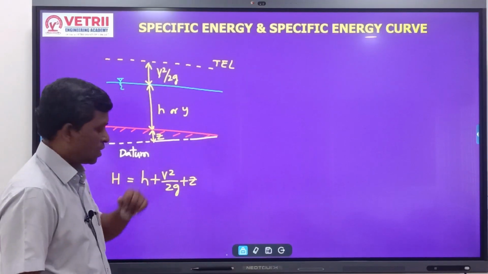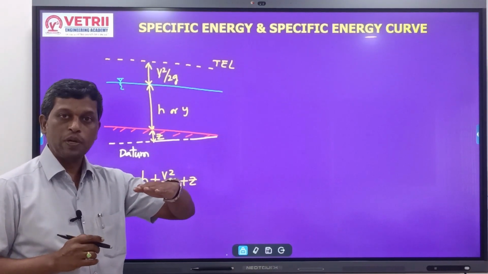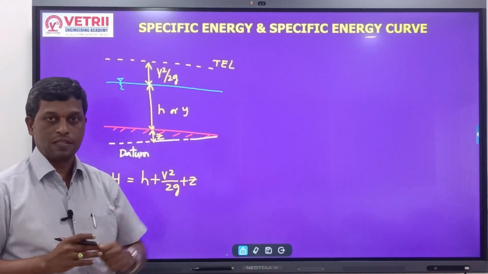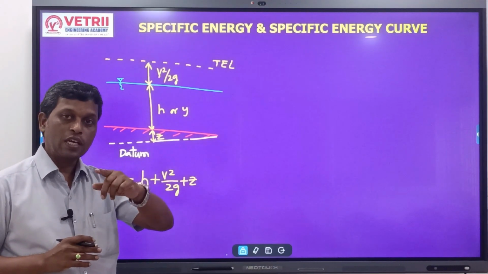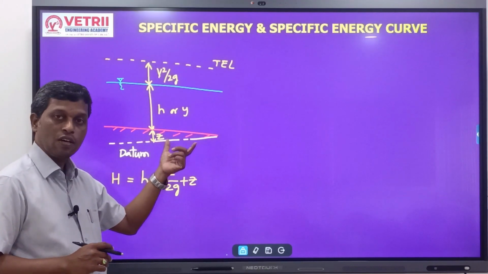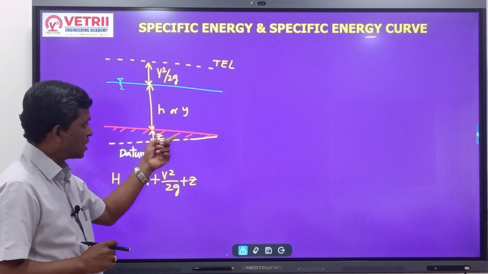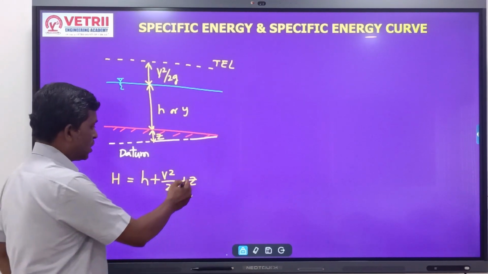In open channels, we know that the bed slope is very small. So when the bed slope is very small, we can take the bed of the channel as horizontal. Once we assume the bed of the channel as horizontal, what will happen to Z?